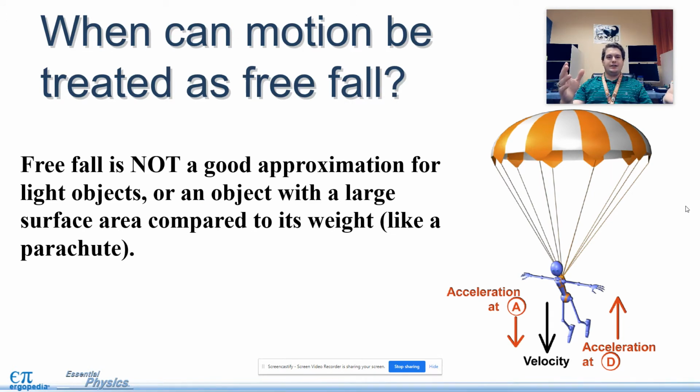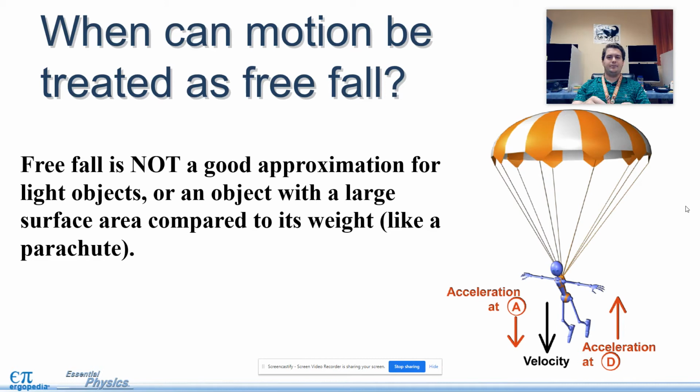So when can we treat things as free fall? Free fall is not a good approximation for light objects, like I said, with the napkin and whatnot, paper, things like that. Things need a little bit of heft to them, a little bit of weight. And it's also not a good approximation for things with a huge surface area, like a parachute.